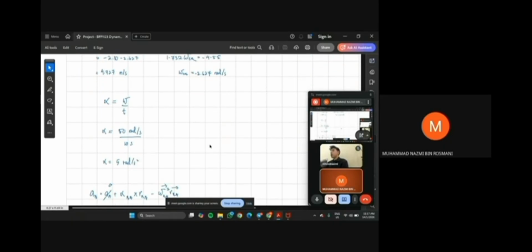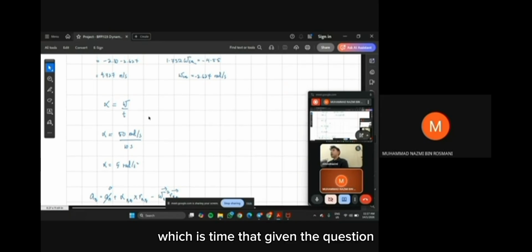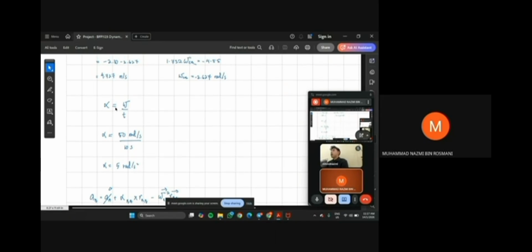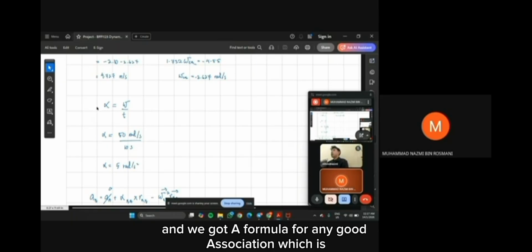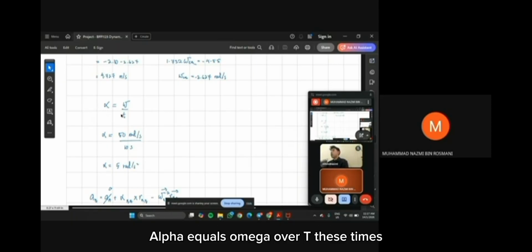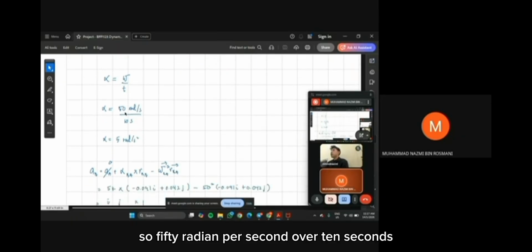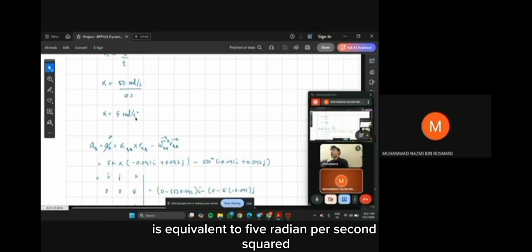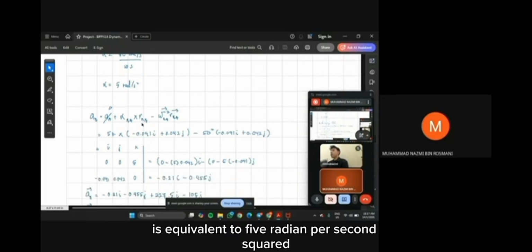For acceleration, we use 10 seconds, which is the time given in the question. The formula for angular acceleration is alpha equals omega over t. So 50 radian per second over 10 seconds gives 5 radian per second squared.